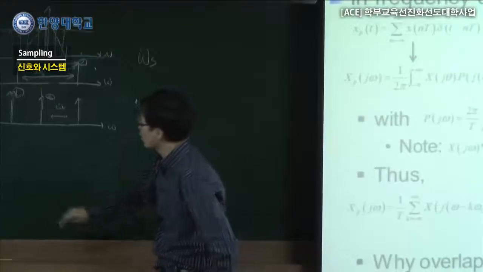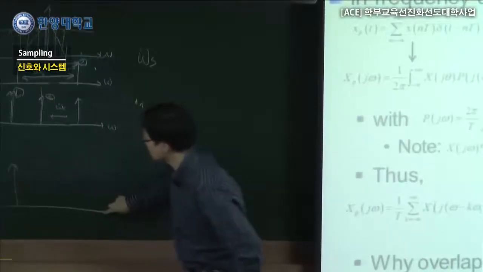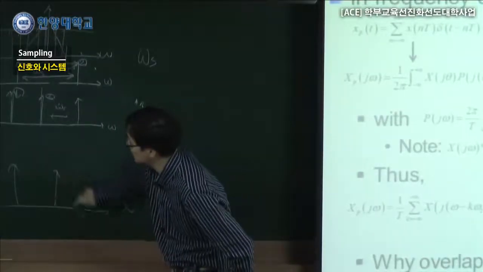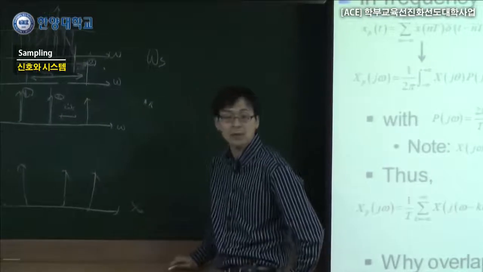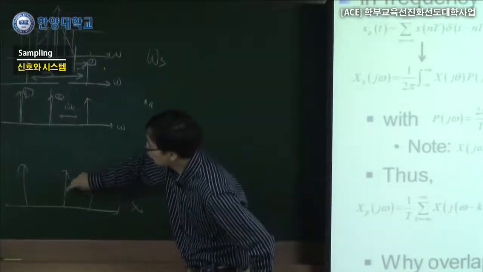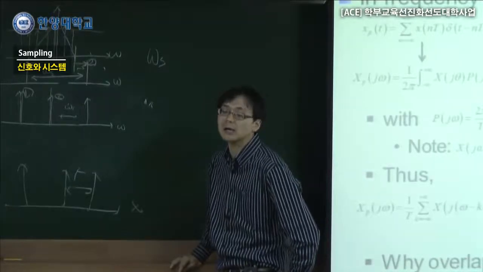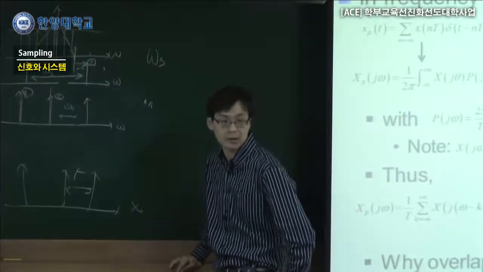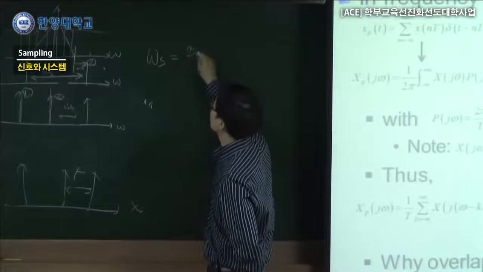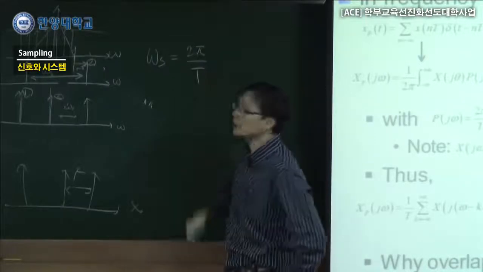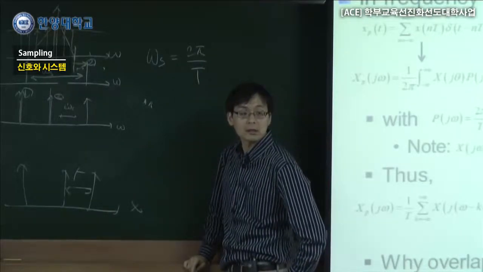In the time domain, we're starting from our impulse train, equally spaced by time interval t. This is the sampling period. Omega is what? 2 pi divided by t.